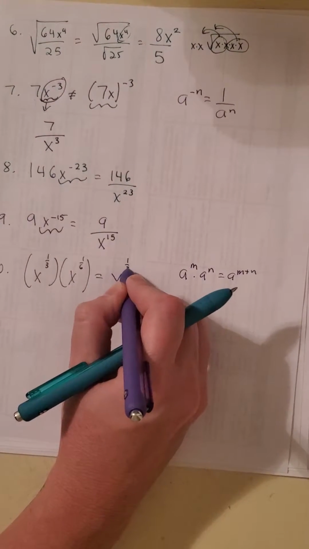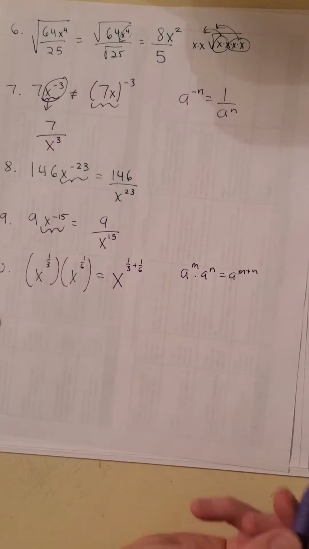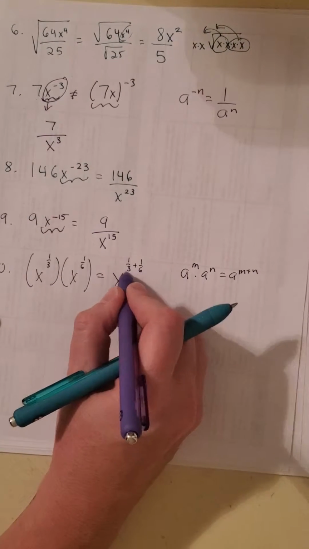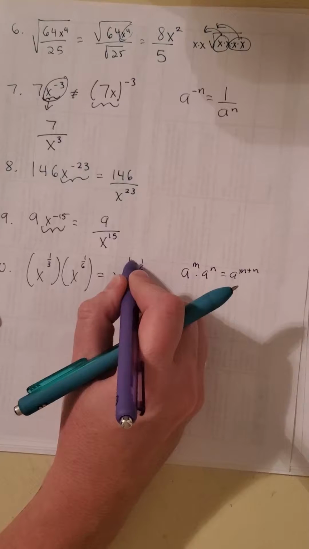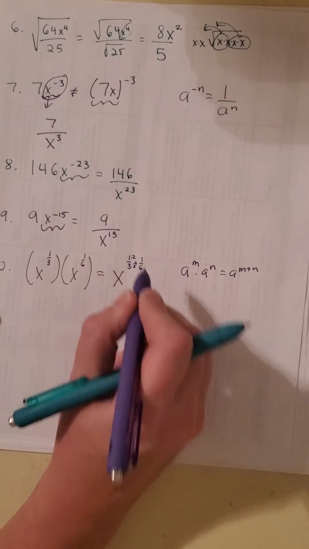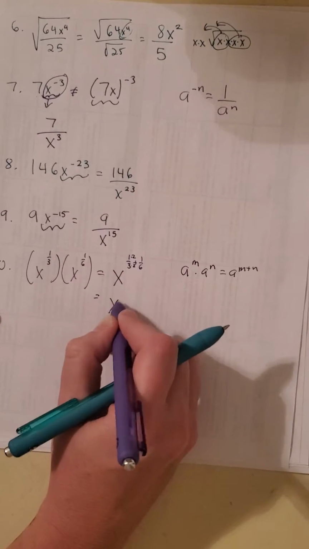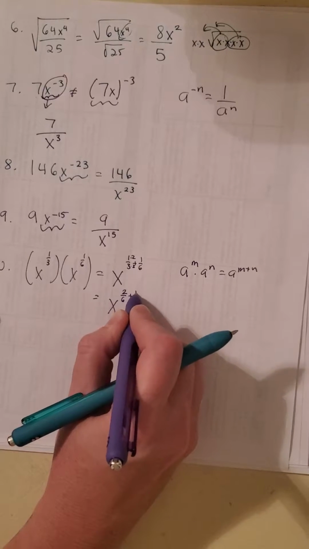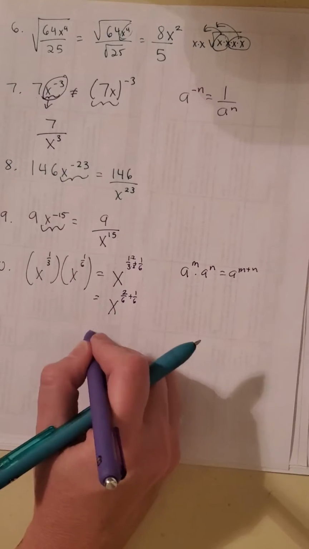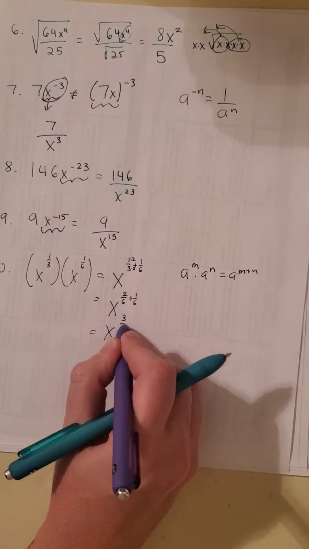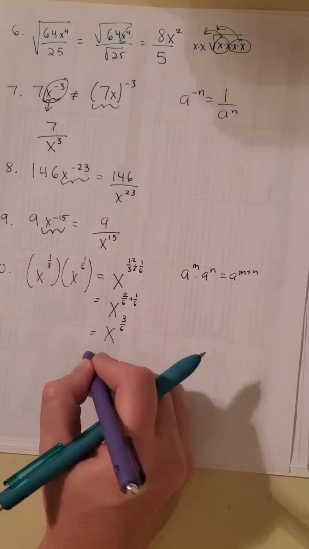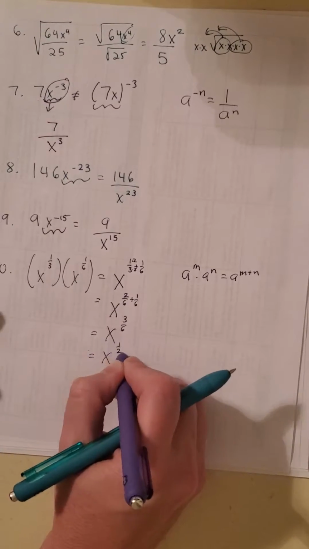So we have x to the 1/3 plus 1/6. The common denominator is 6. 6 goes into 6 and 3 goes into 6, so we'll multiply this one by 2 over 2. That gives me x to the 2/6 plus x to the 1/6, which is x to the 3/6, which is x to the 1/2 power.